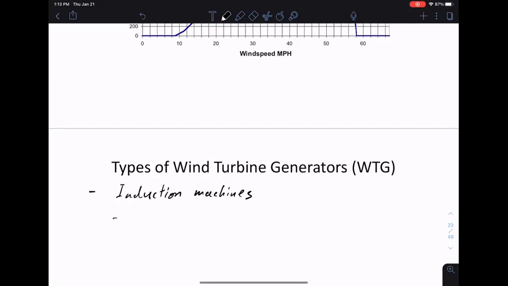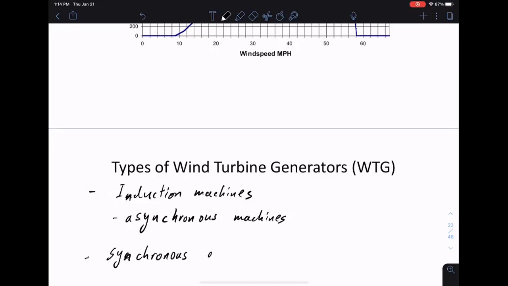So these are asynchronous machines. Induction machines generate or consume power because there's a non-zero slip. So that's why they're called asynchronous. And then we have synchronous generators, synchronous machines.